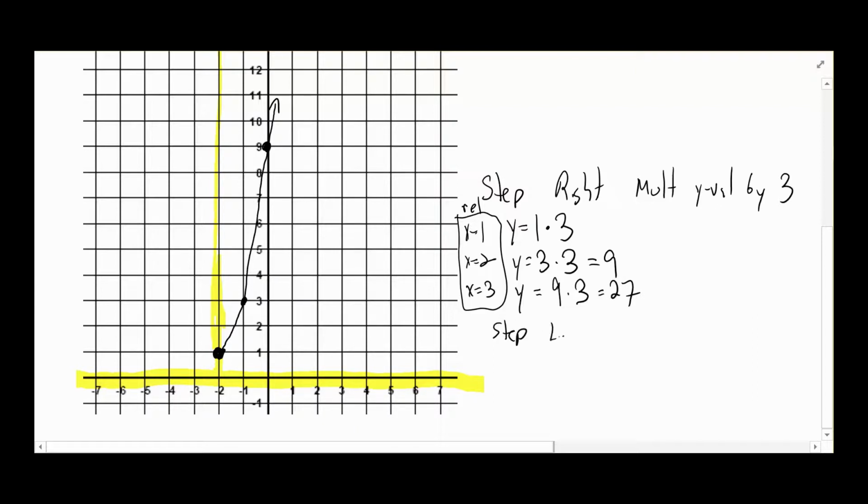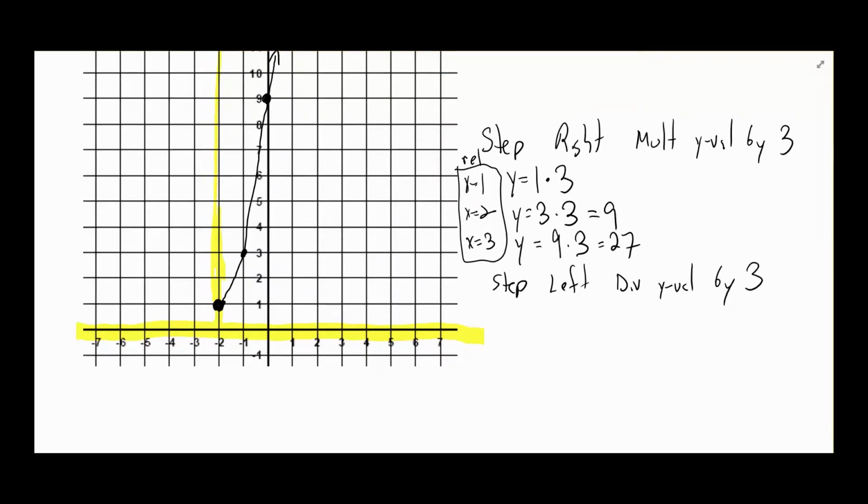Now if I want to take a step to the left, I'm going to divide the y value by 3. So I'm going to go back over here to my 0, 1. I'm going to call it 0, 1, even though I know it's at -2. We're looking relative to my new axes. If I take a step to the left, then I'm going to take the previous y value, which was 1, and I'm going to divide by 3.